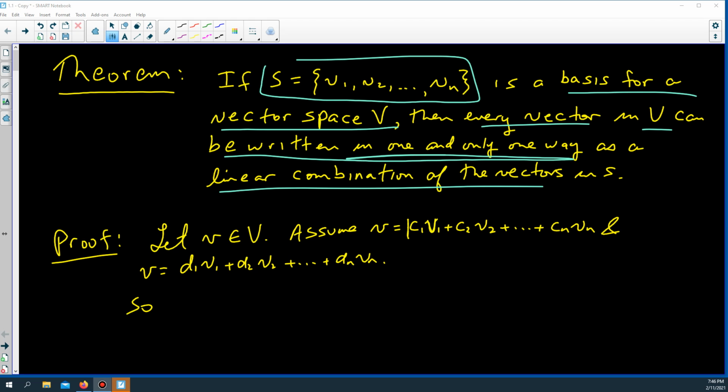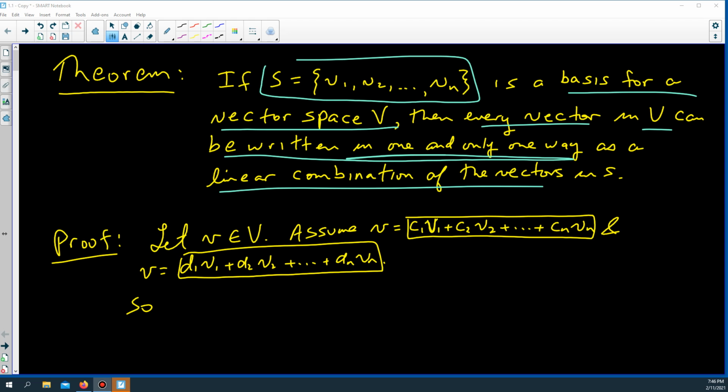So, since this and this both equal v, we have that c1 v1 plus c2 v2 all the way down to cn vn is equal to d1 v1 plus d2 v2 all the way down to dn vn.